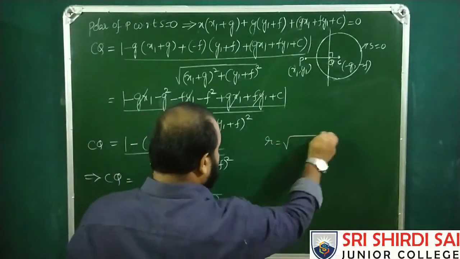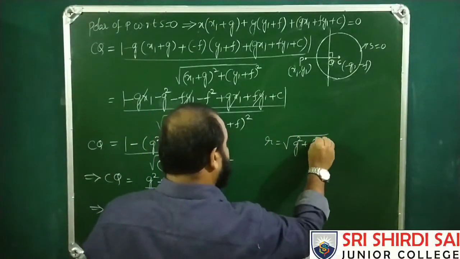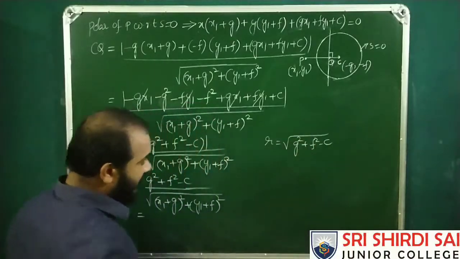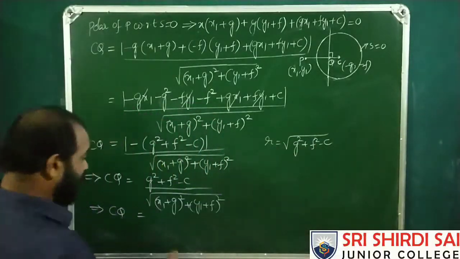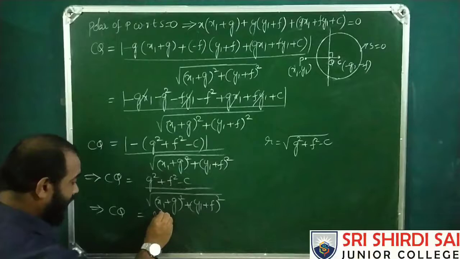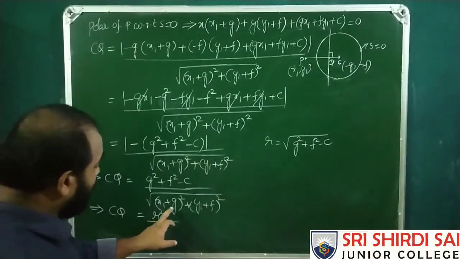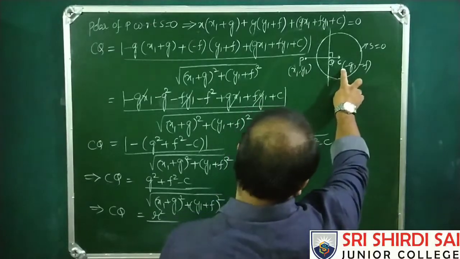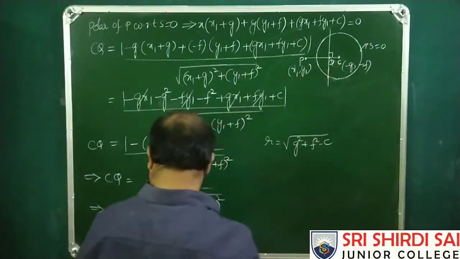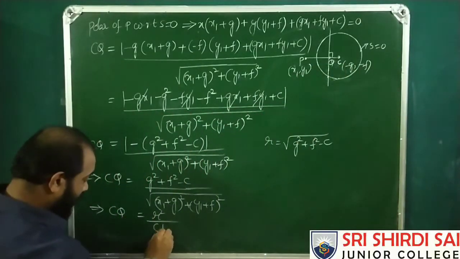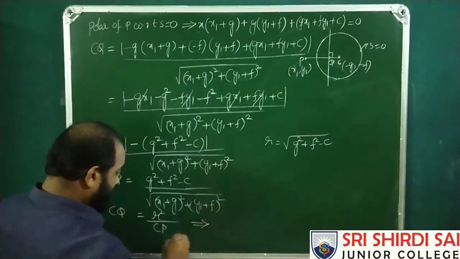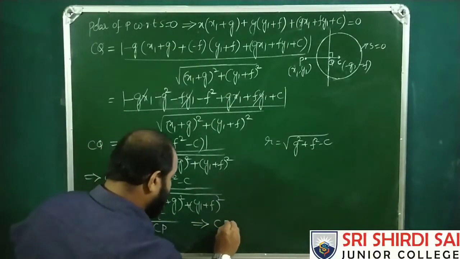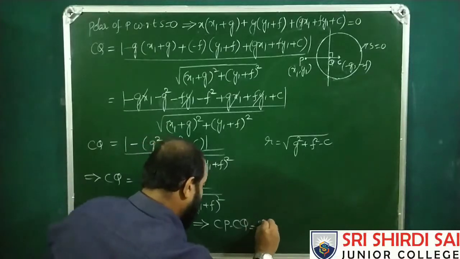R equals square root of g square plus f square minus c, so R square is g square plus f square minus c. Therefore this value is r square by square root of (x1 plus g) whole square plus (y1 plus f) whole square, the distance between C and P (x1, y1). That means this is CP. Therefore CP into CQ is equal to r square.